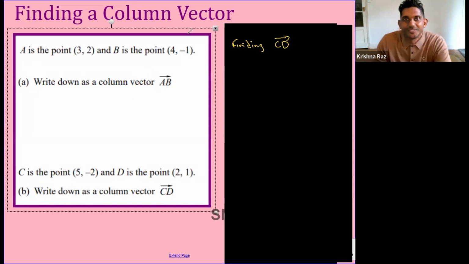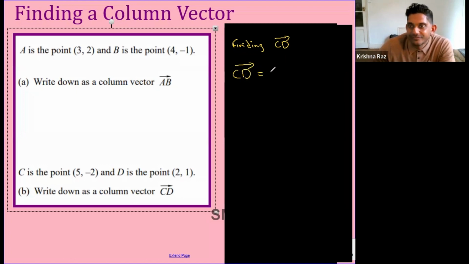Well, imagine the countdown theme tune played. Hopefully you would have got CD is vector D minus C, which will be (2, 1) minus (5, -2).